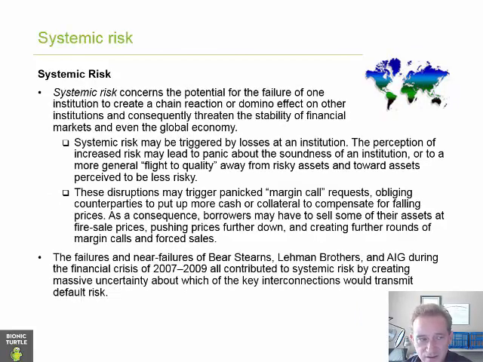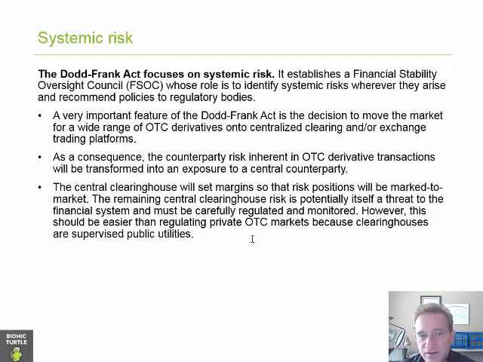So we're still itemizing risks from the appendix, and we have systematic risk, a very hot topic since the crisis. So in recent years, this has been showing up in current issues, topic 9 of the FRM. And the authors note that the Dodd-Frank Act focuses on addressing systemic risk, among other things, by establishing the Financial Stability Oversight Council.